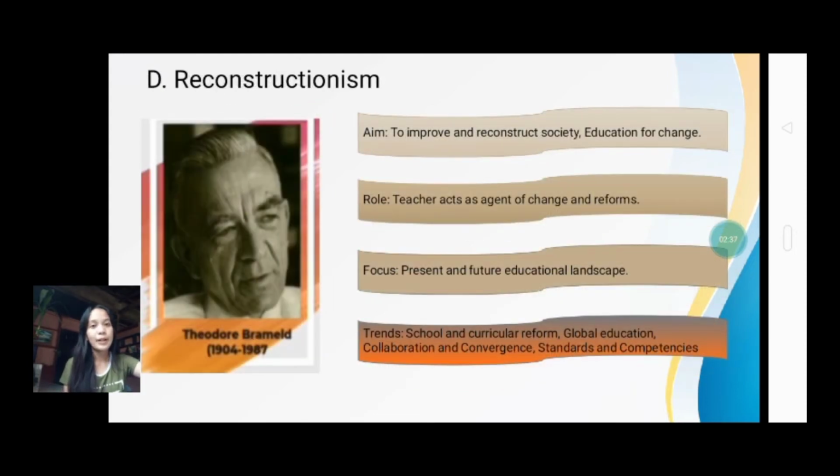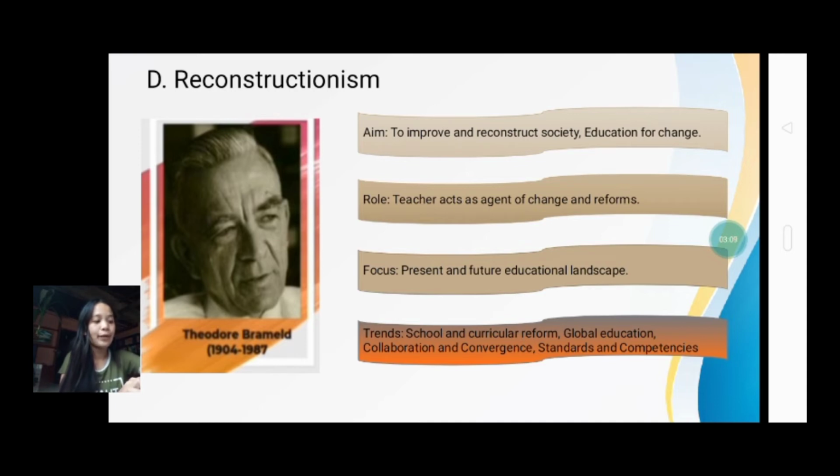The fourth proponent is reconstructionism. Educators focus on a curriculum that highlights social reform as the aim of education. The aim of education is to improve and reconstruct society, education for change. It is more about going beyond what is expected of oneself. The role of education: the teacher acts as an agent of change and reform.